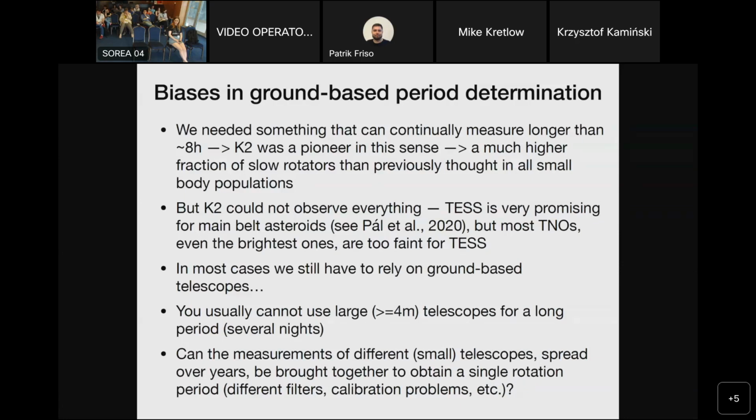So the question is whether these kinds of observations, if you bring everything together, can provide a single rotation period, considering that they were maybe taken in different filters. They have calibration problems and all the problematic stuff that we could have if we use different telescopes.